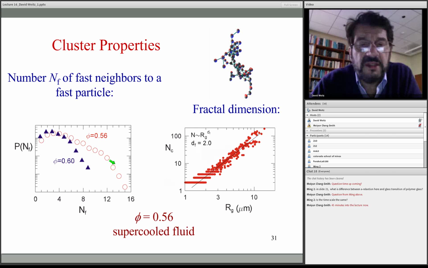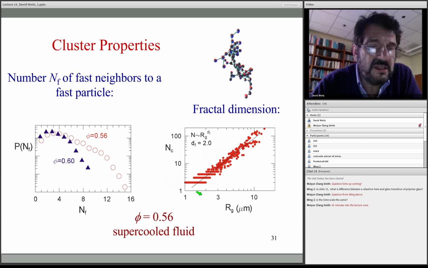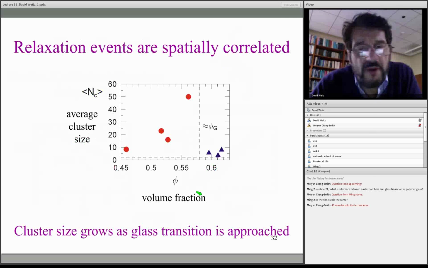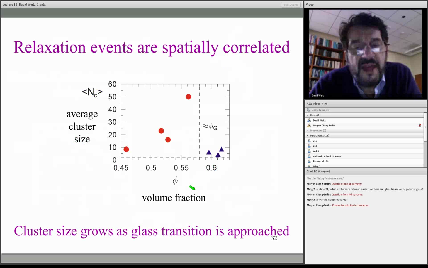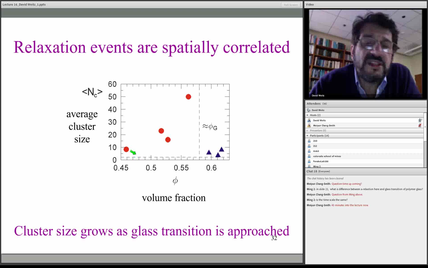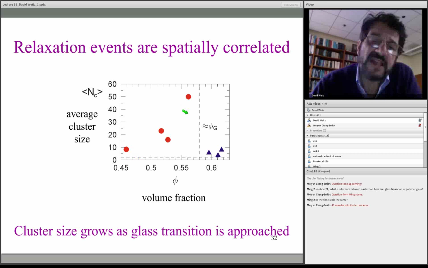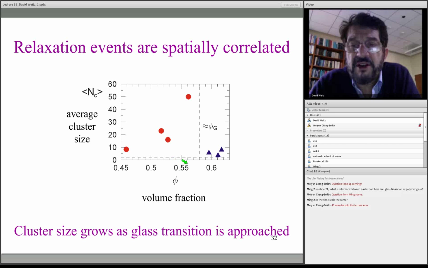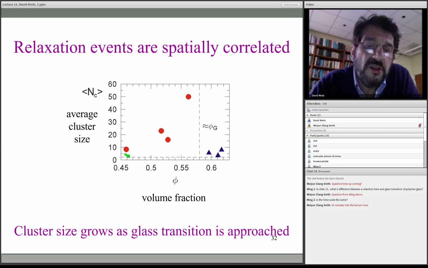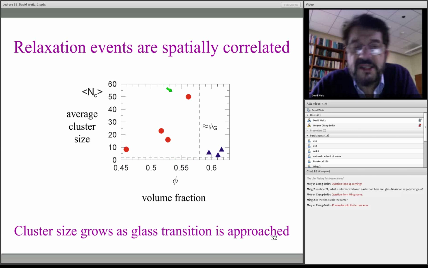And you can plot the distribution function of these things. There's a lot more that you can do with the statistics, but perhaps the most important is this. If you plot the average size of these clusters as a function of volume fraction, remember you're increasing the volume fraction, making it more and more crowded, you see that the size increases rather dramatically. We don't have a huge amount of data, but the general trend remains the same.